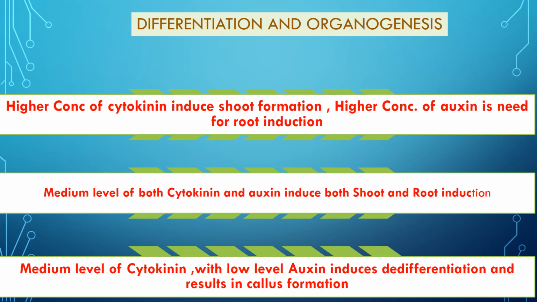A medium level of both cytokinin and auxin induces both shoot and root formation. A medium level of cytokinin with a low level of auxin induces dedifferentiation and results in callus formation again. Gibberellins are used for shoot elongation and leaf generation.